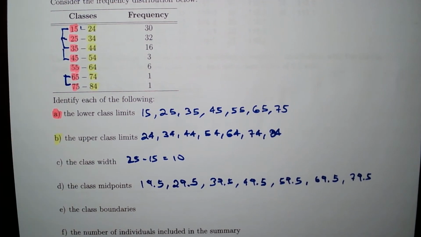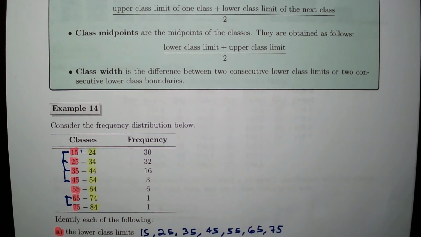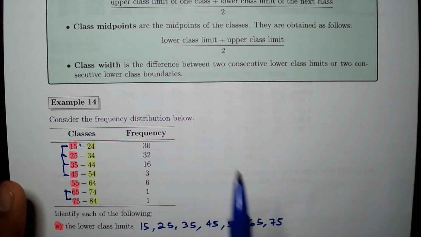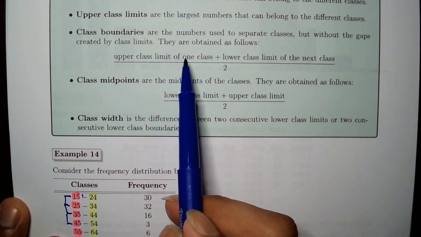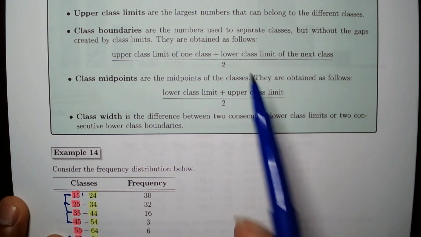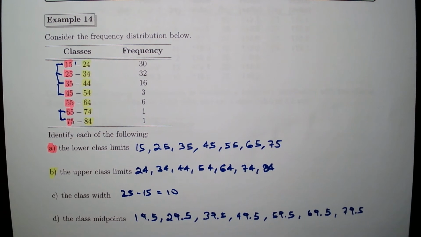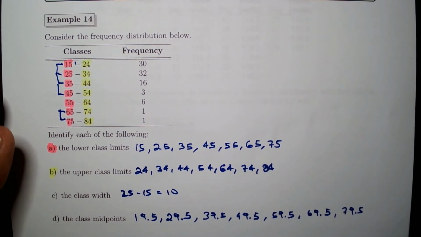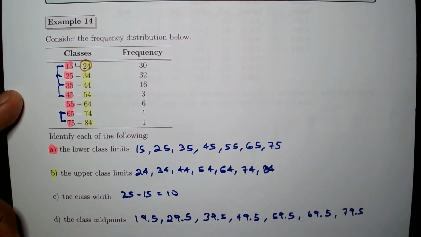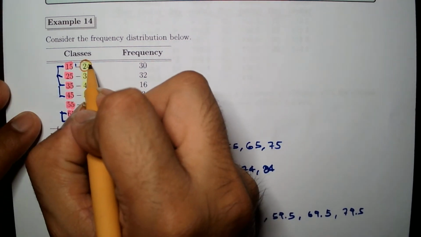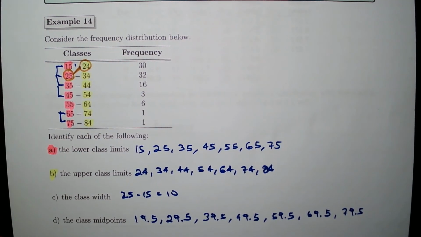Class boundaries, be careful with those ones. Class boundaries are obtained by taking the upper limit of one class plus the lower limit of the next class, adding these two and dividing by 2.